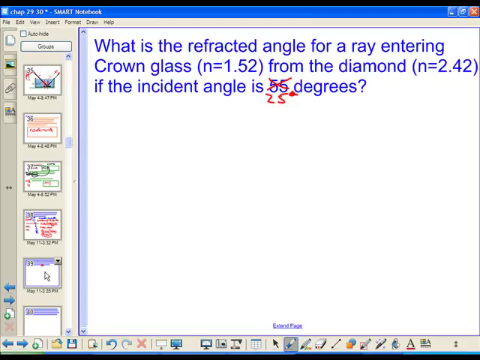We're going from a larger to a smaller, we're going to bend away. So you should expect to see a number bigger than 25. I'll give you a few minutes to work on that. You may work together with your partner. This is not a quiz.